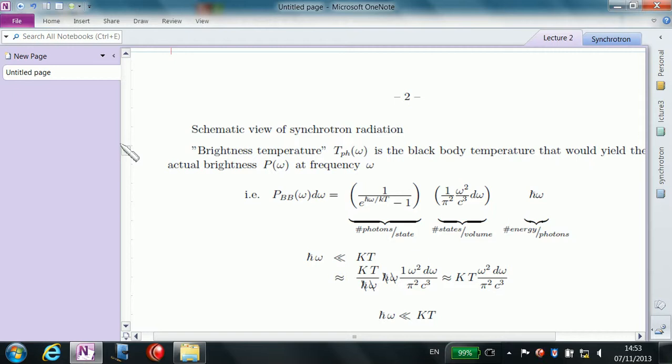So if I have an electron spectrum that's a power law, what's the temperature of the emitting electrons? Obviously they're not all at one temperature, but that doesn't mean that they can't self-absorb.